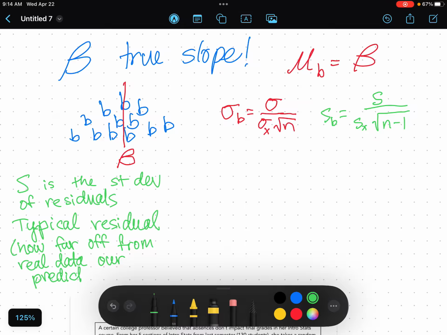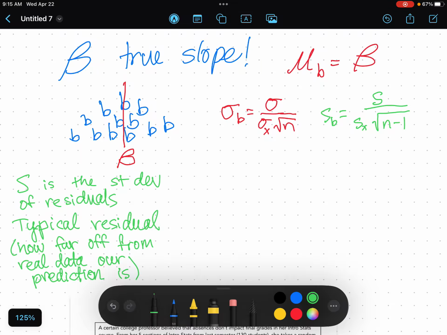So if somebody said, interpret s, which I think has been on your homework, let's pretend for the grades that s is 5.